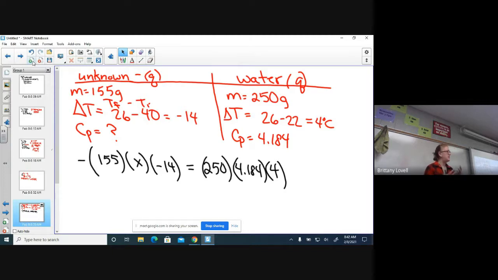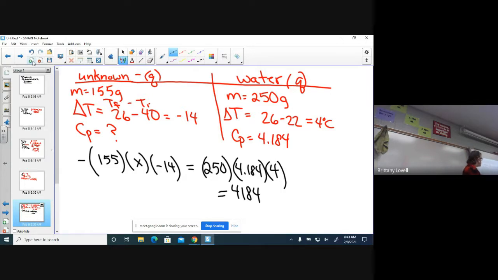So from here, again, it just becomes an algebra problem. Do your order of operations. I would go ahead and multiply everything on the right side first. Let's see what we get here. Okay, I got 4,184. I'm going to set that equal to 155 times negative 14.